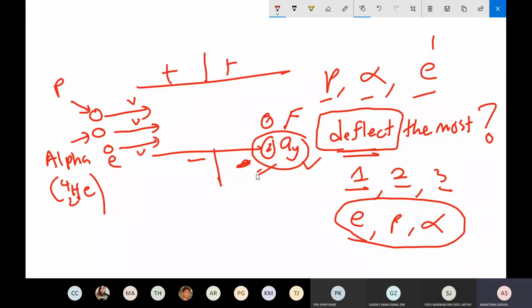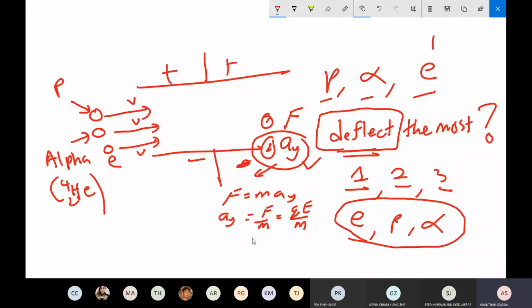So let's get a formula for vertical acceleration. F equals m a_y, so a_y is F over m, but force is QE. So a_y equals QE over m.